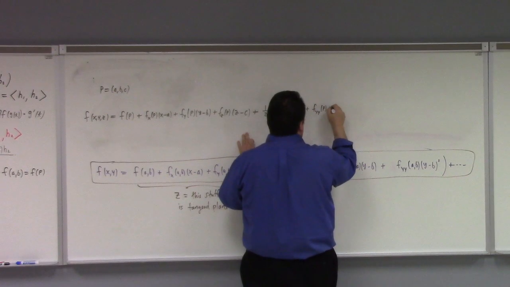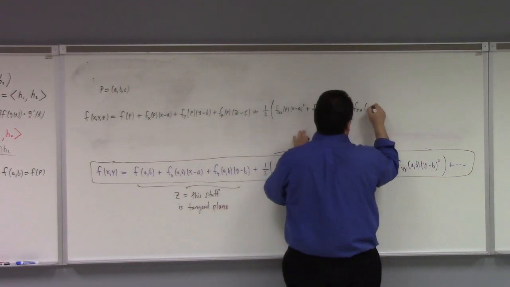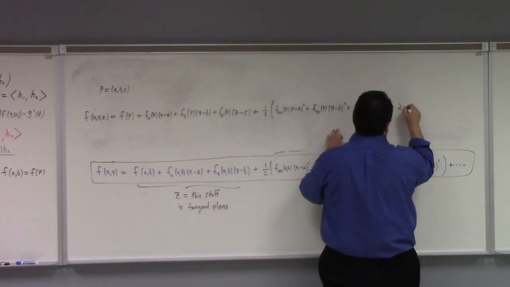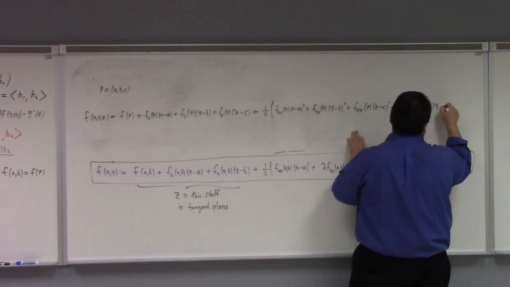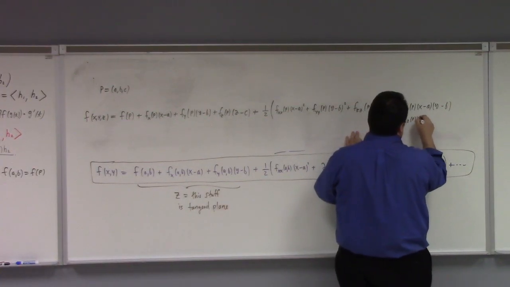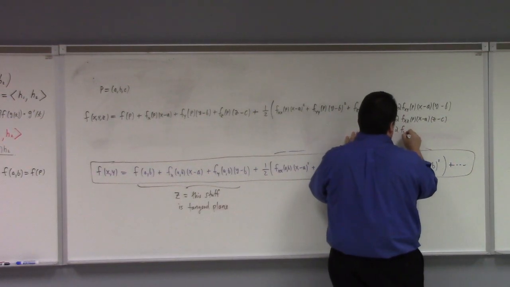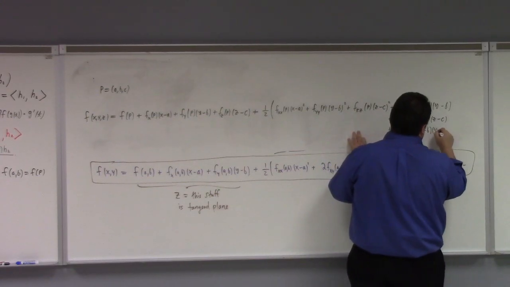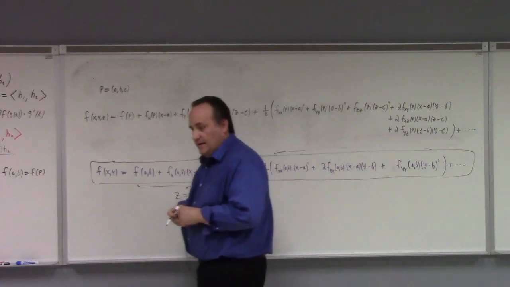Then you've got 2 f_xy of the point times x minus a times y minus b plus 2 times f_xz of the point times x minus a times z minus c plus 2 f_yz of the point times y minus b, y minus c. All right, close big parentheses, and then there's higher order stuff. That's what happens for 3 variables.